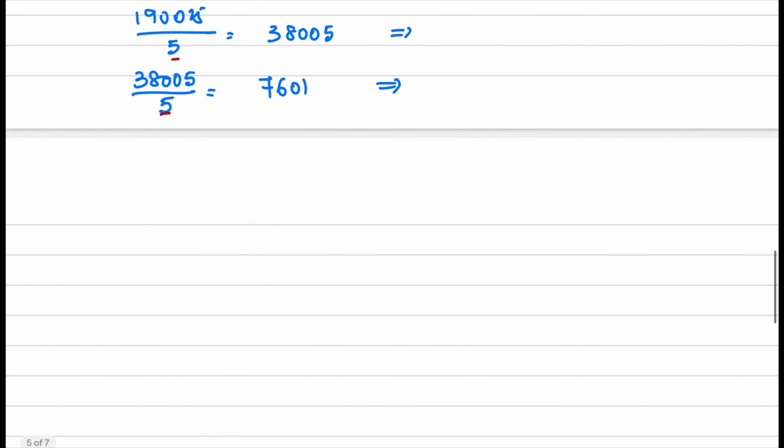Now, is 7601 a prime or a composite number? 7601 can be written as 11 into 691.